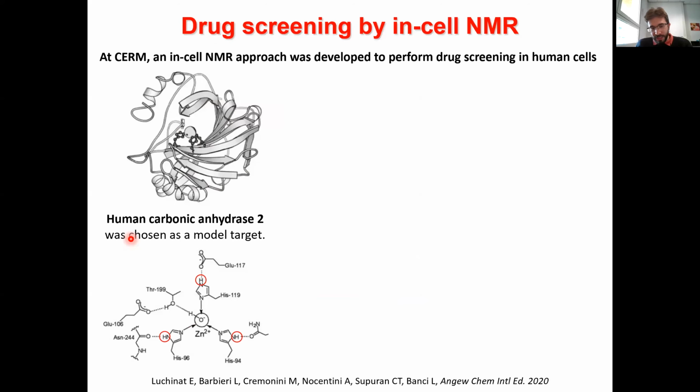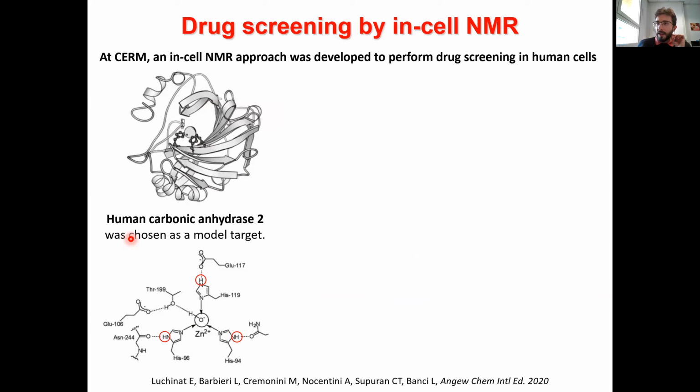To assess this capability, we started working with human carbonic anhydrase 2, which is a very beautiful model target. It is also pharmacologically relevant, because isoform 2 is one of 16 isoforms of CAs, which are involved in a series of pathologies in humans.